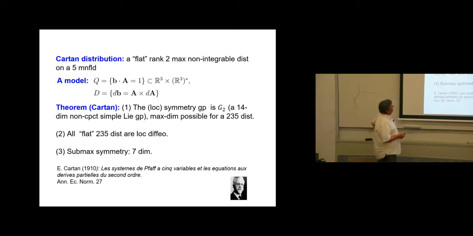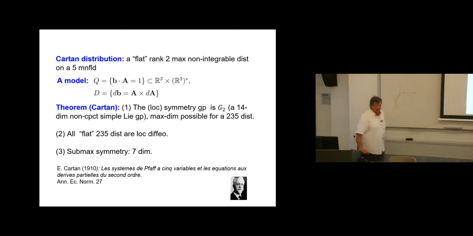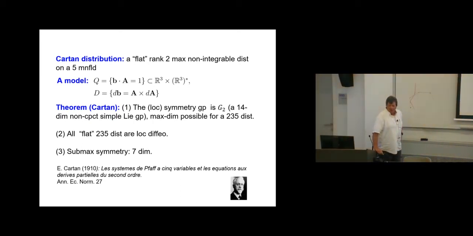And a question, yes? Yeah, this is a kind of vector equation. For each of the components, it's this one-form, and you can see it is transverse to the distribution. Okay, any more questions?